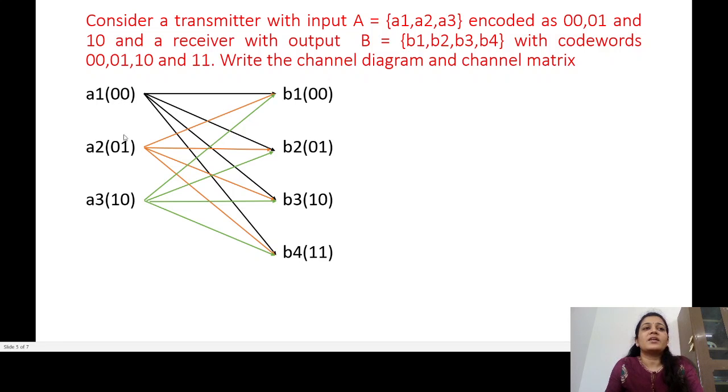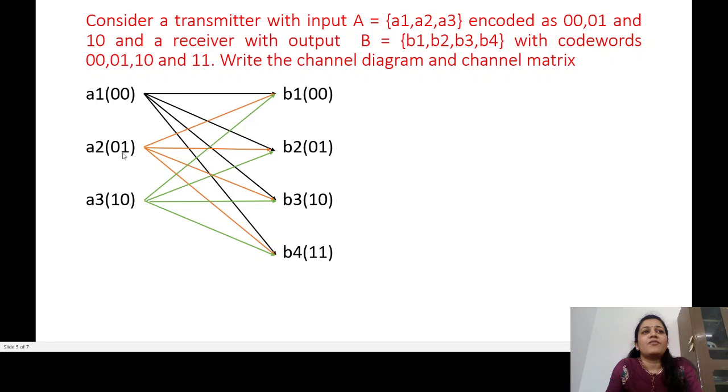The same thing I can consider with A2. That is, when A2 is sent, I may receive B1 or B2 or B3 or B4, and the corresponding transition probabilities would be P of B1 by A2, P of B2 by A2, P of B3 by A2 or P of B4 by A2. Similarly, we can consider the transition probabilities for A3 also.